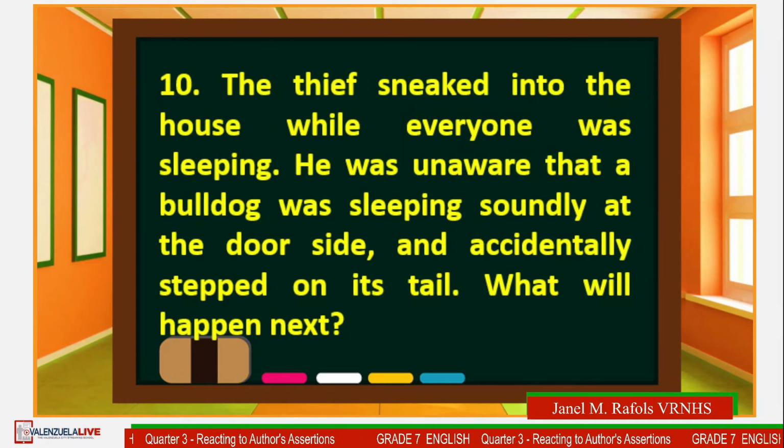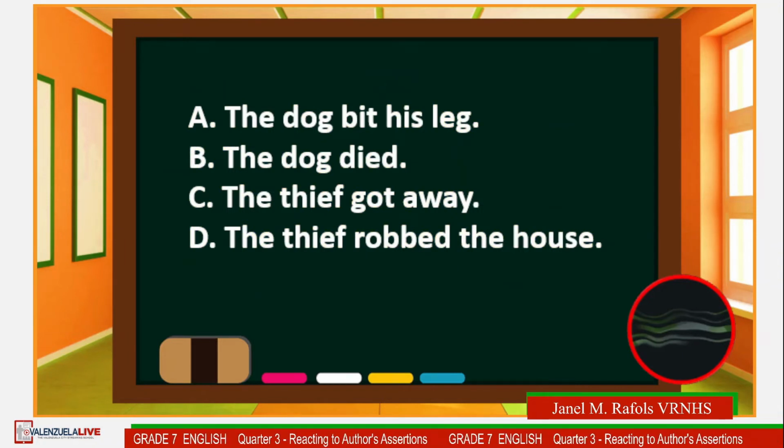Number 10. The thief sneaked into the house while everyone was sleeping. He was unaware that a bulldog was sleeping soundly at the door side and accidentally stepped on its tail. What will happen next? A. The dog bit his leg.